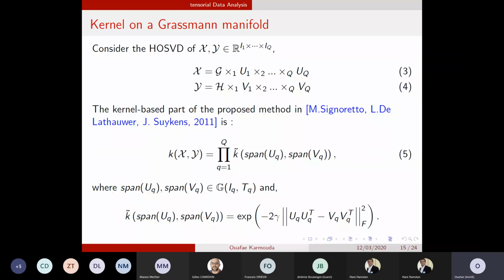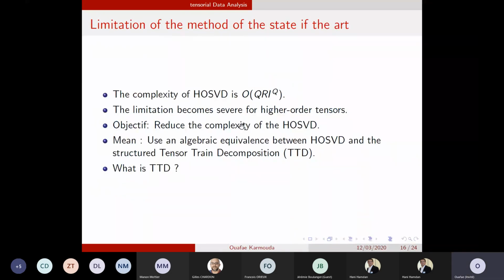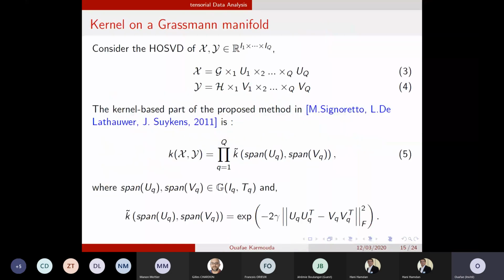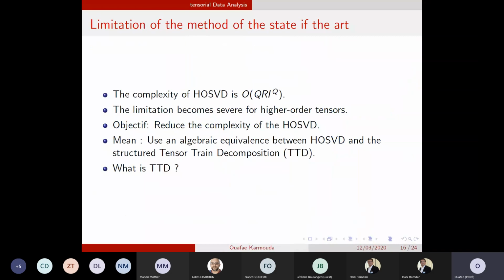So our objective is to reduce the complexity of this method, that we call the native method, by using an algebraic equivalence between the higher-order singular value decomposition and a new decomposition called the Tensor-Train Decomposition.